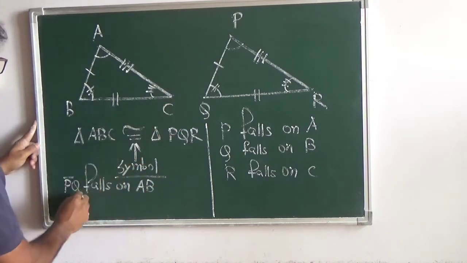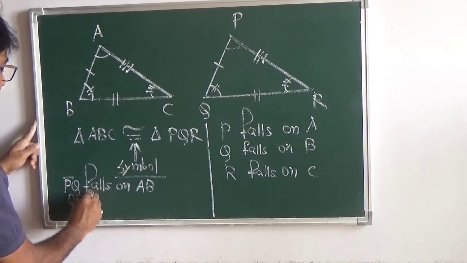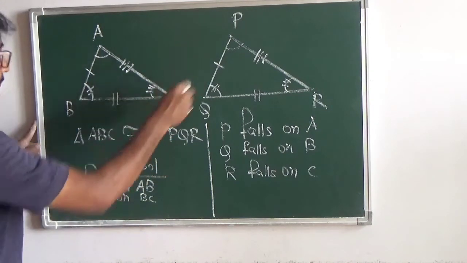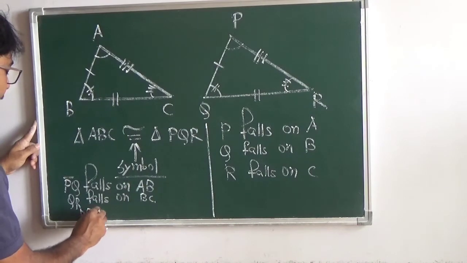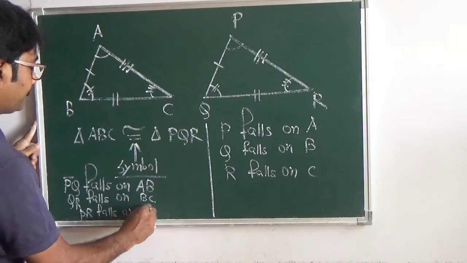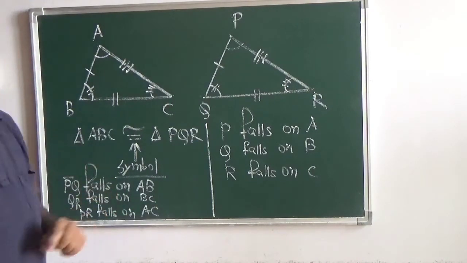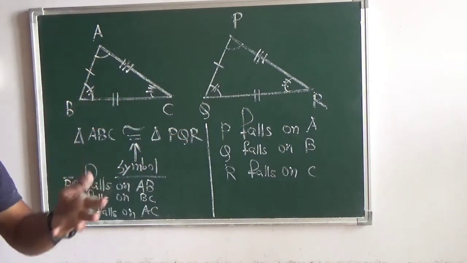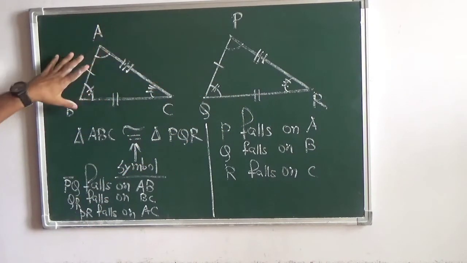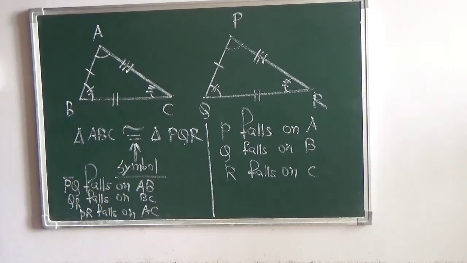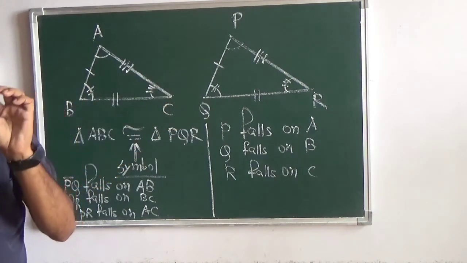Similarly, QR falls on BC and PR falls on AC, which means that this triangle and this triangle are congruent, and all the points, the vertices as well as the sides overlap. The final result is that the triangle will appear as a single triangle.